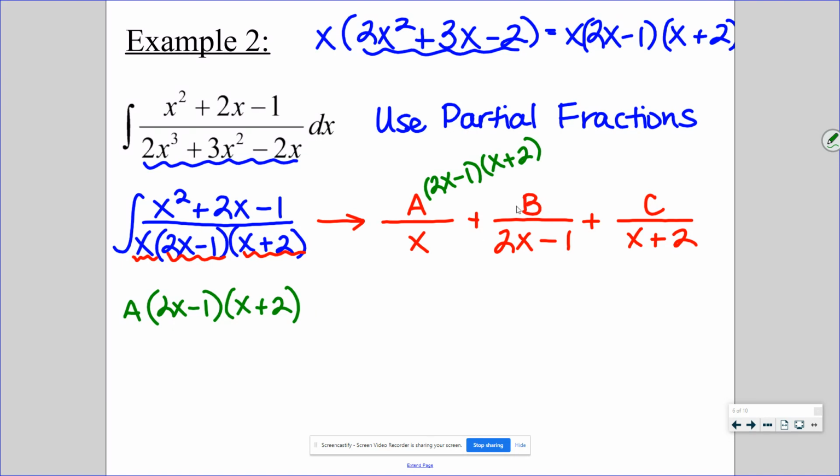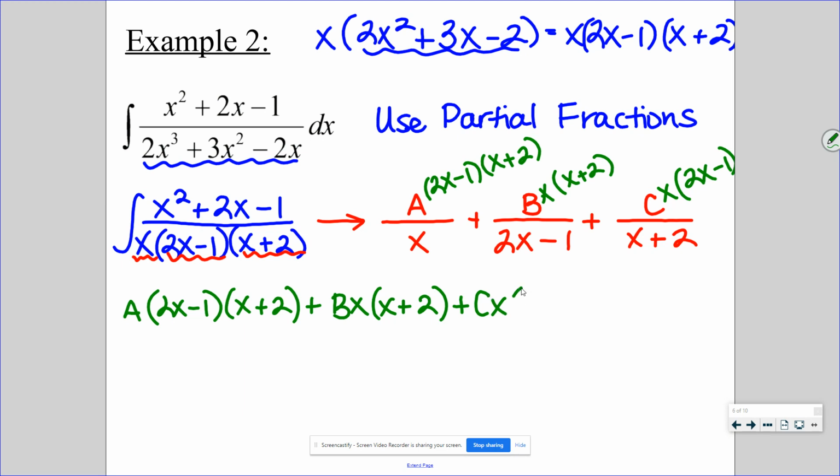If I wanted a common denominator for this middle fraction, I would need to multiply by x and x plus 2. So let's write that down. B would be multiplied by x and x plus 2. And then C would have needed to be multiplied by x and 2x minus 1 to get a common denominator there. So C times x and 2x minus 1.